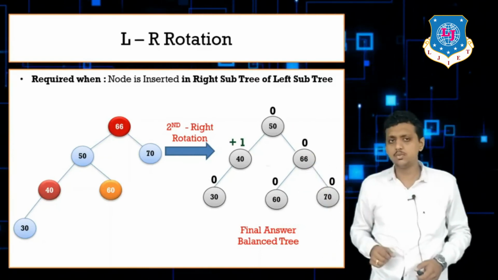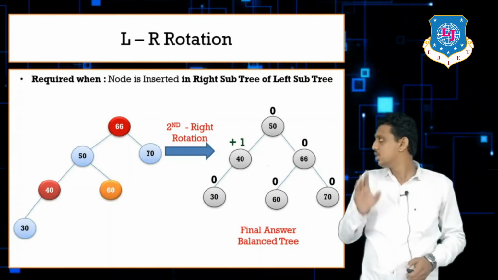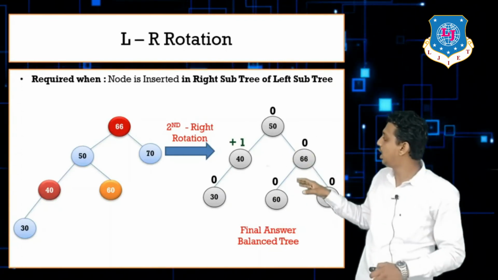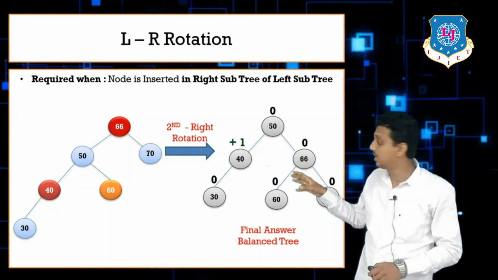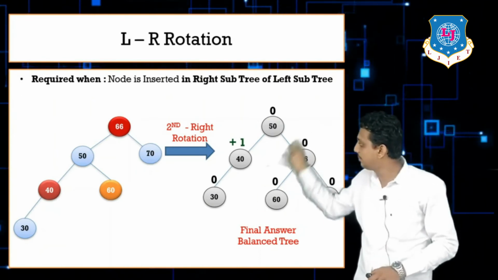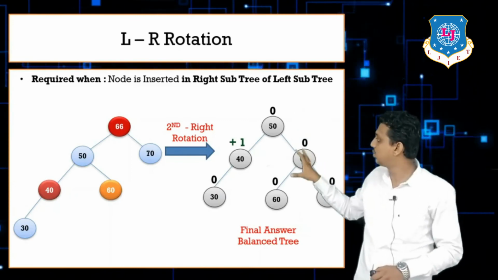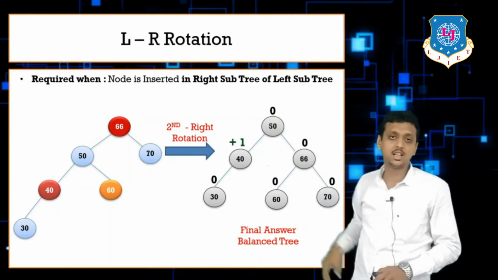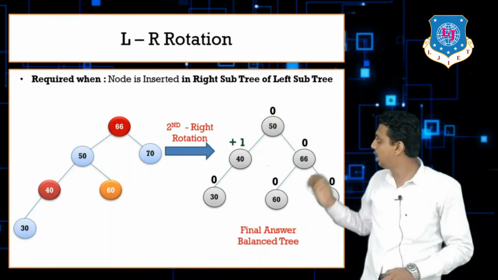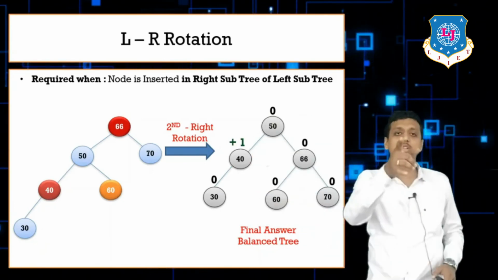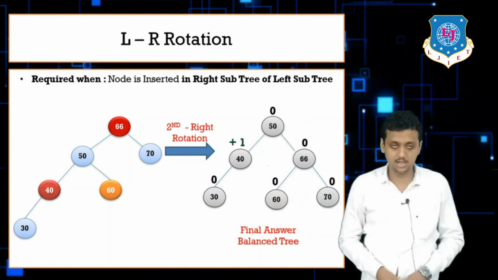So in which situation we need to give such rotations? So when your left subtree of right subtree is heavy, then you need to apply right and left, that is RL. When your right subtree of left subtree is heavy, then you need to give LR rotation.